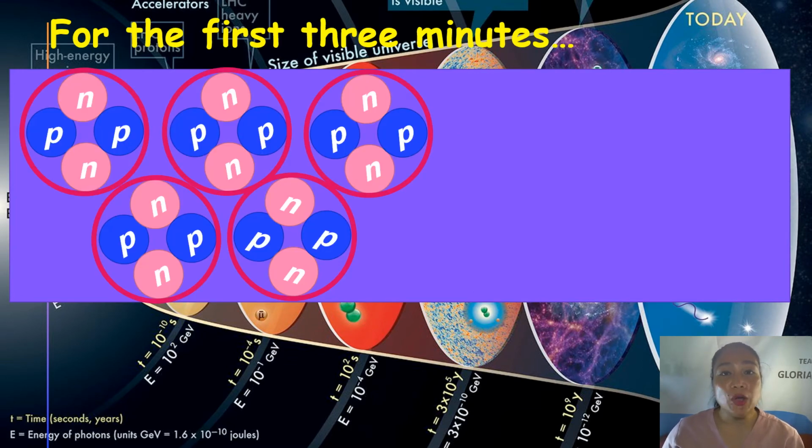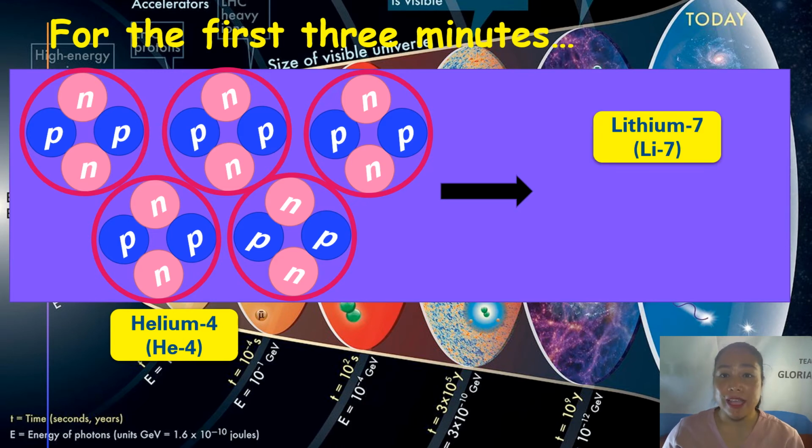Helium-4 then combined to other nuclei to form heavier ones such as lithium-7 and beryllium-7.